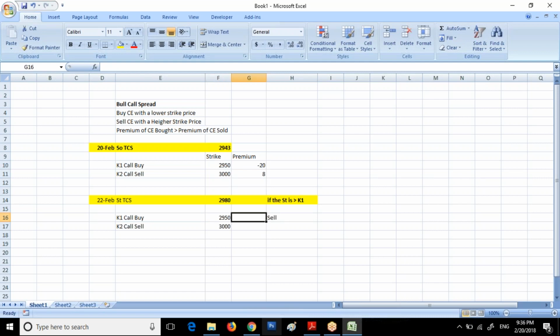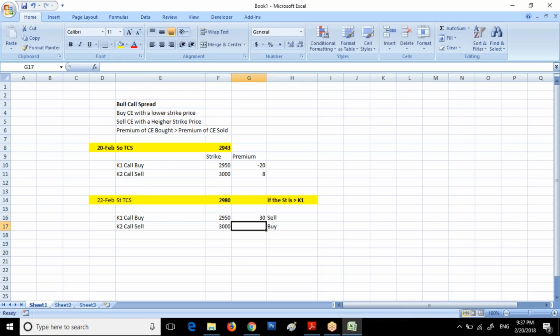You purchased at 29.50 and the price went to 29.80. The premium will be intrinsic value plus time value. Time value is 0, so spot minus strike will be your premium. So 30 rupees you're going to receive.